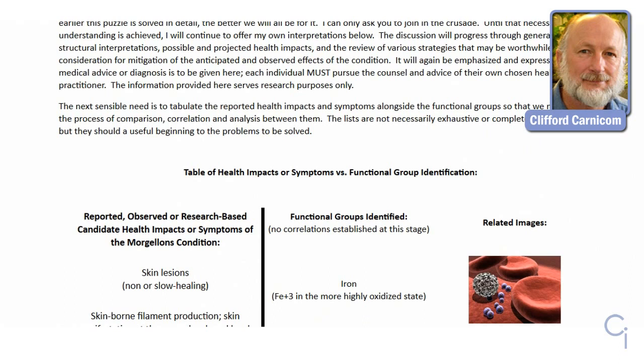On the right side, you have a set of specific functional groups or organic combinations that derive from the direct analysis of a biological filament sample, an oral biological filament sample that appears to be truly and characteristically representative of the Morgellons condition.